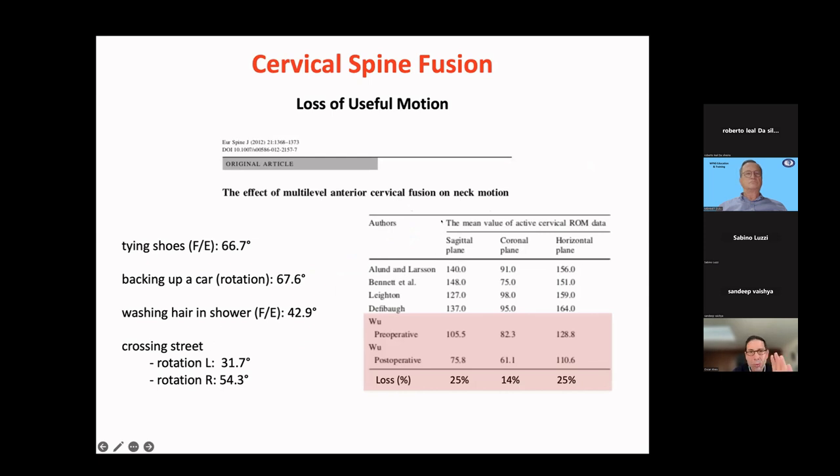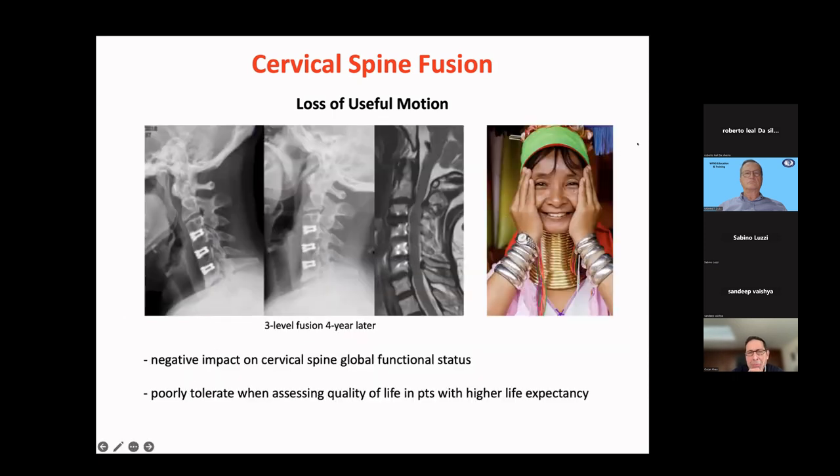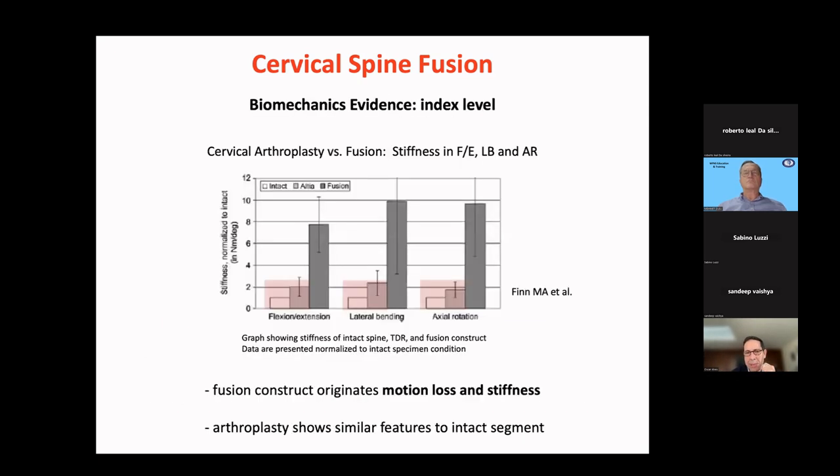If you go for the option of fusion, you will lose these capacities. And I think fusion, especially multi-level, has a negative impact on the cervical spine global function. People are not so happy as this lady, and it is poorly tolerated when you assess quality of life, especially in young patients with higher life expectancy.